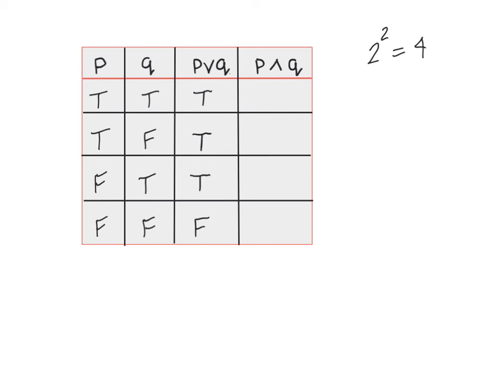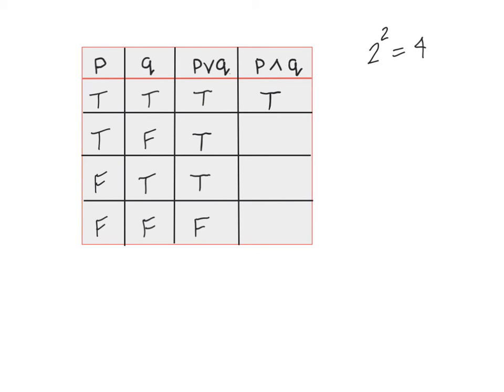Then the last column for this table says P and Q. An upside down V almost looks like the letter A for and. This is read P and Q, and that means in order for this to be true, they both have to be true. When I look at my first P and Q, they are both true, so P and Q is true.